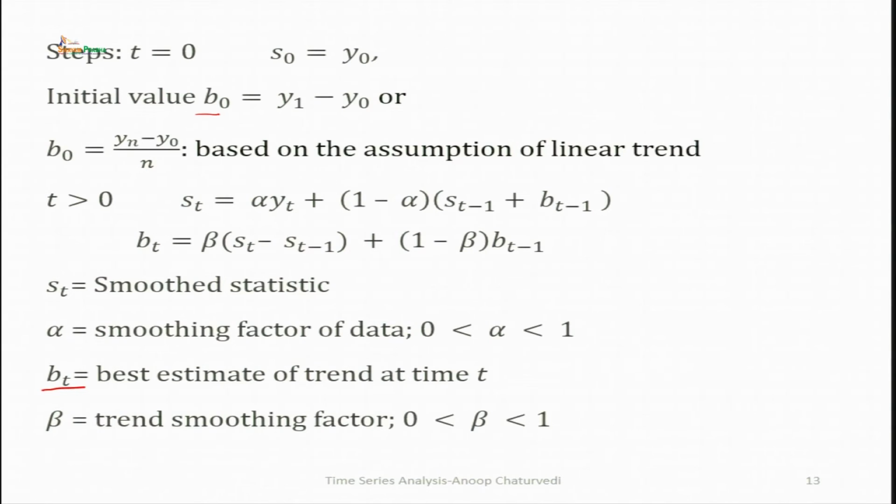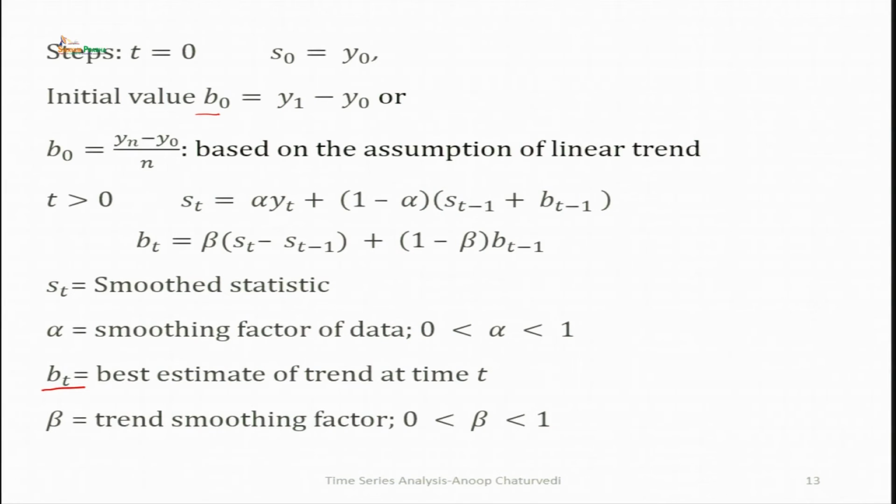So, basically we are assuming that the trend is linear. So, (y n minus y naught) by n gives you the rate of change in y's per unit observation.